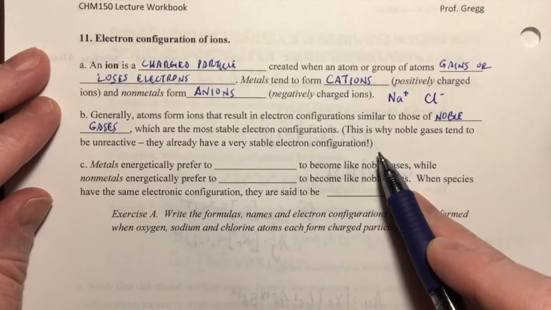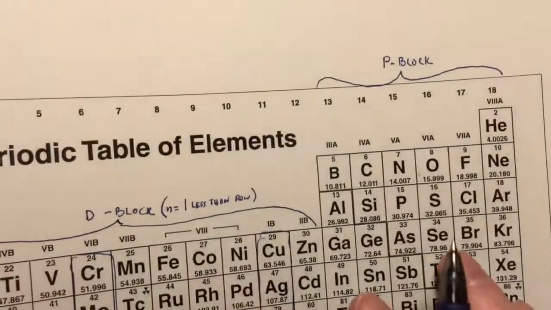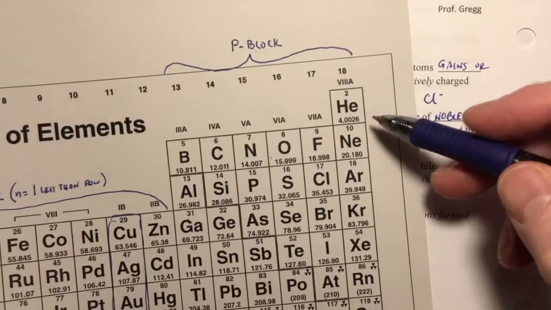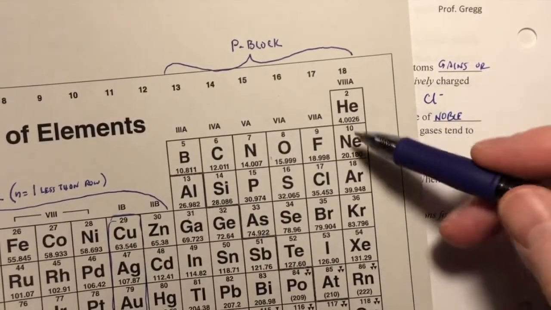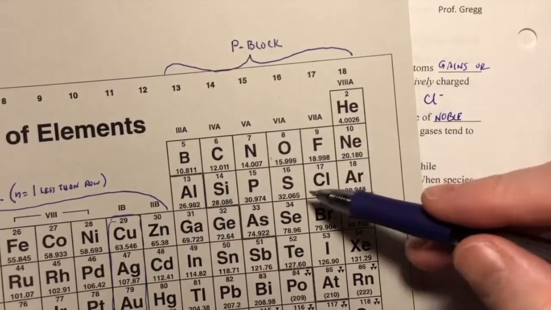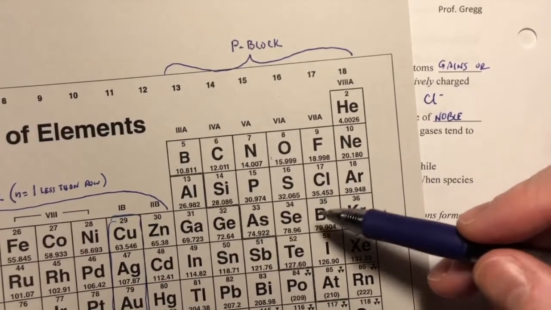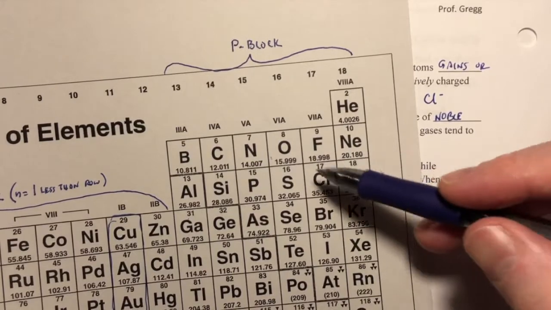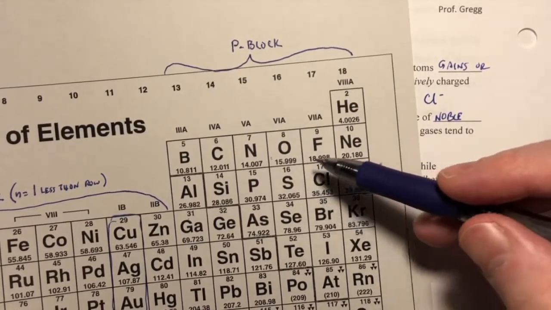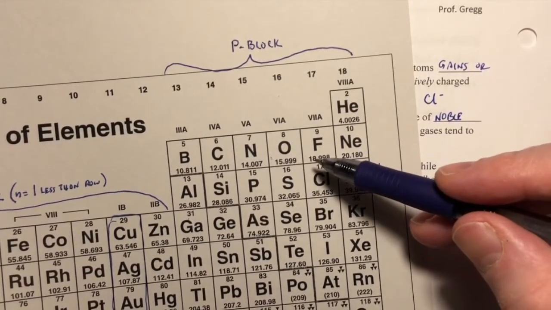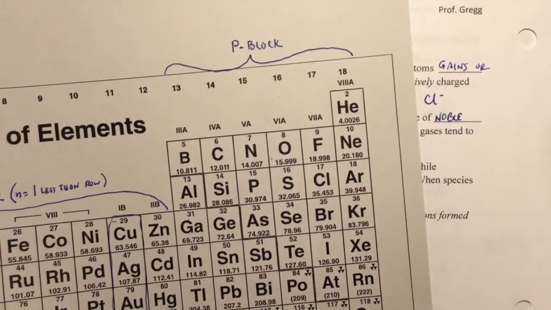So in a previous video, I talked about how the reason that noble gases are so stable is because they have filled valence shells. It's that filled valence shell that is particularly stable, so their valence shell of electrons is completely filled.